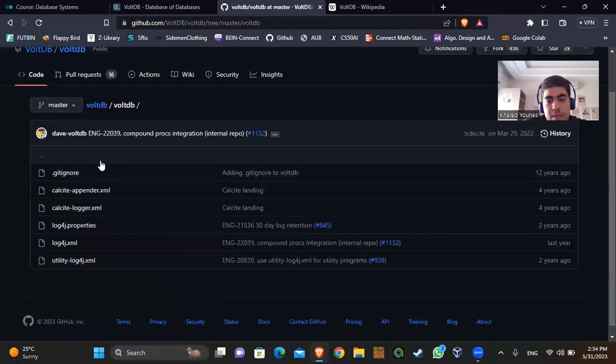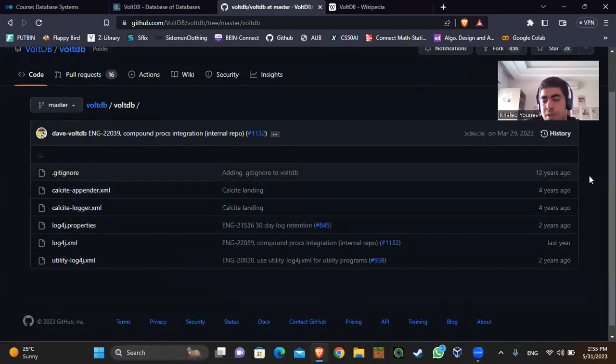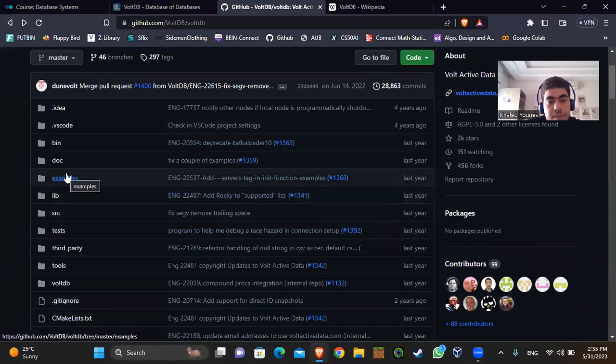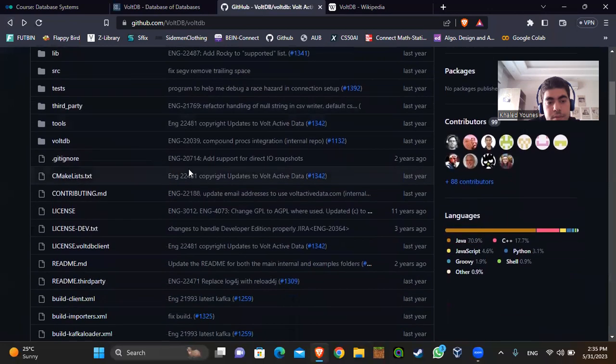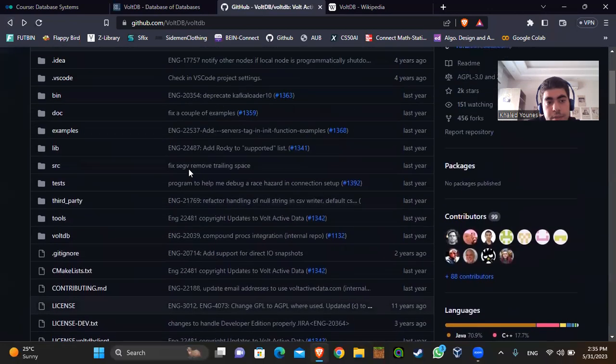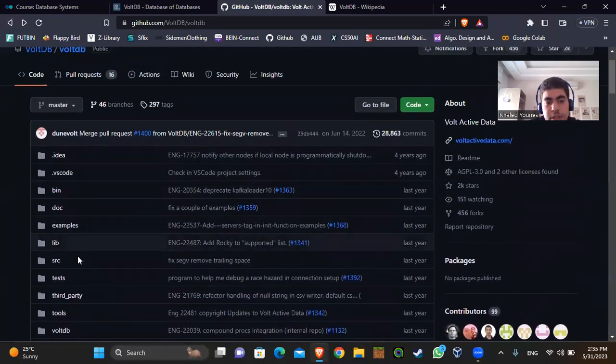As you can see here, these are the components of VoltDB. It was made back in 2009, 12 years ago, as you said. Yeah, this is everything you need right here on this GitHub page.